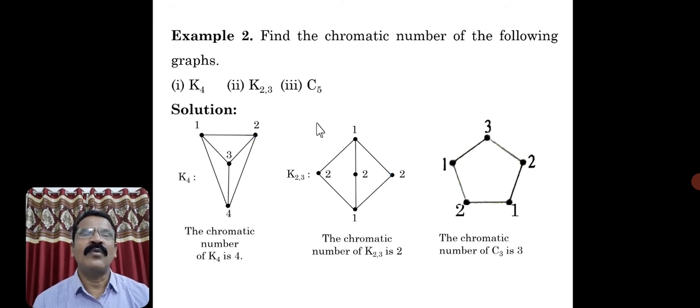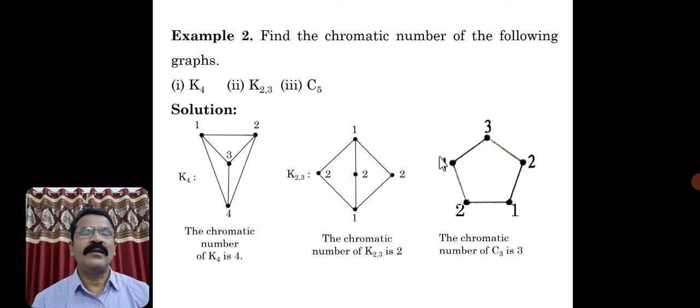Therefore, for K4 the chromatic number is 4, for the complete bipartite graph K2,3 the chromatic number is 2, and for the cycle C5 it is 3. This is how we got the chromatic number of these 3 graphs. This is the way to generalize: what would be the chromatic number for a complete bipartite graph Km,n?